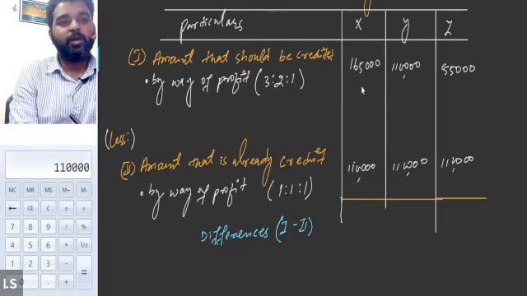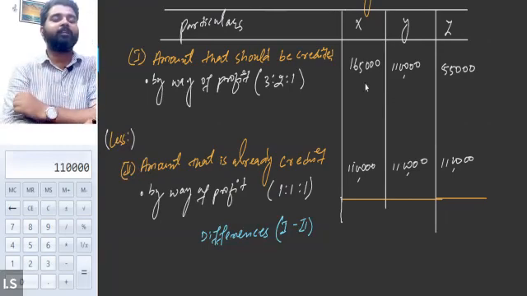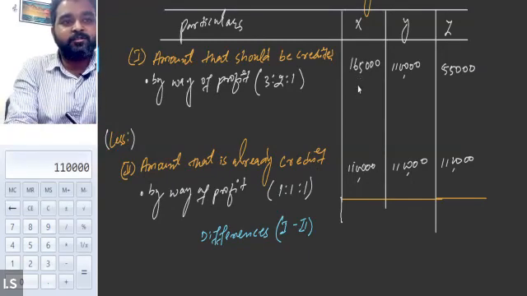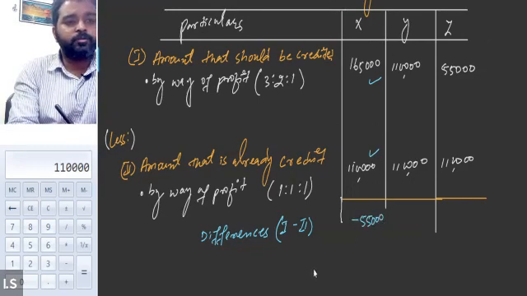X would have got 1,65,000, but he actually got how much? 1,10,000. So can we say that instead of getting 1,65,000, he only got 1,10,000? So that means there is a deficit in his profit of 55,000.